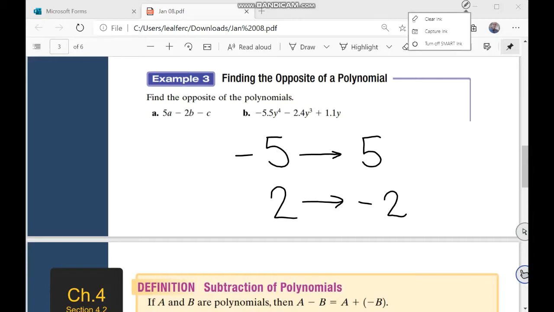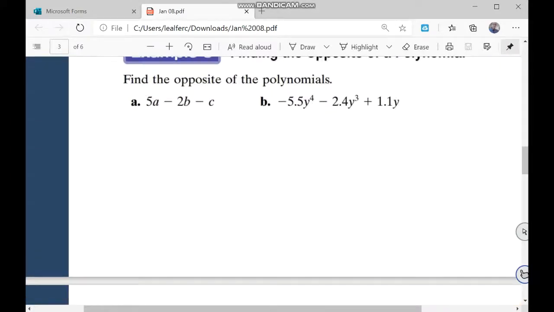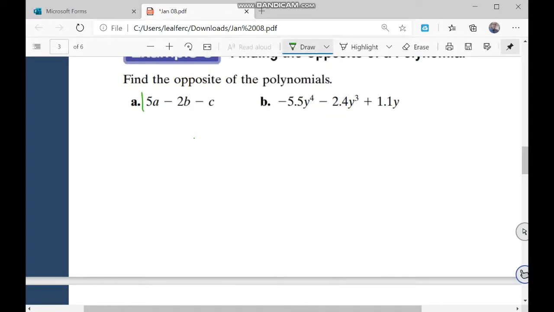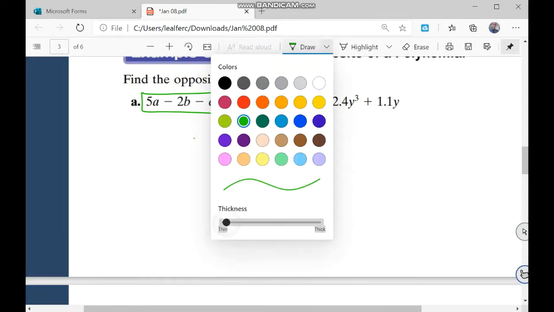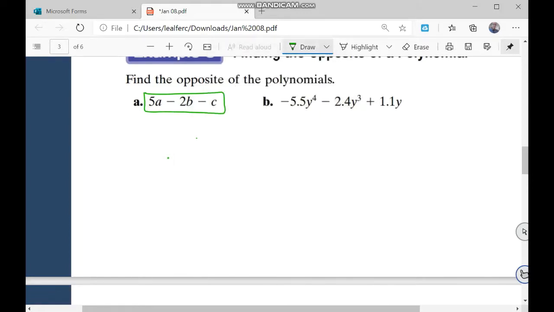Let's check a few examples. We have 2 examples here. Find the opposite of this polynomial of letter A. This one here. What's going to be the opposite? Okay. Letter A. The opposite of 5a minus 2b minus c.